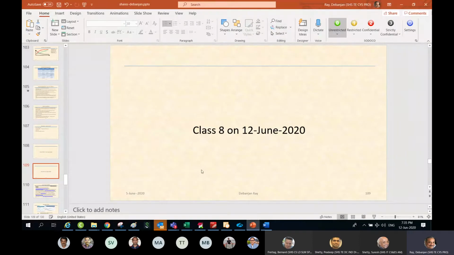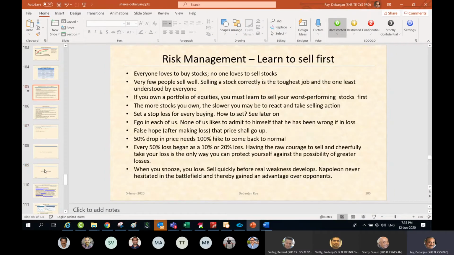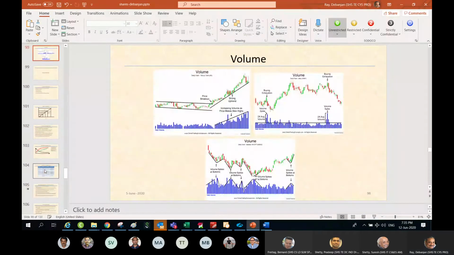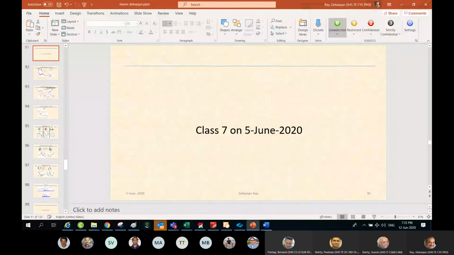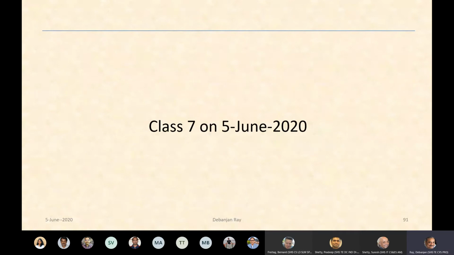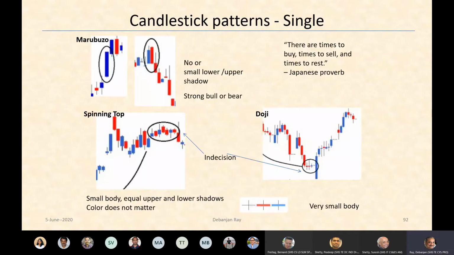Okay, class 8 today. So let me go back to the earlier one. Last class we understood the candlestick patterns.